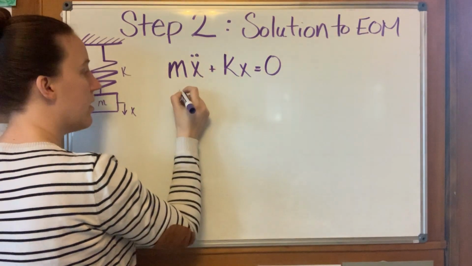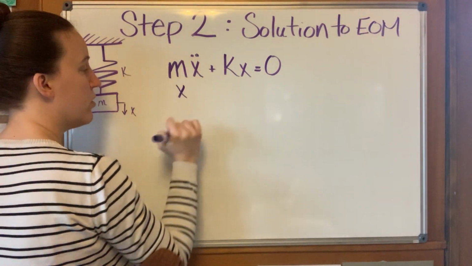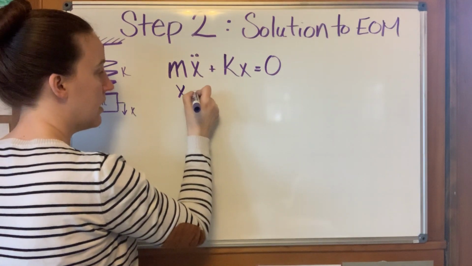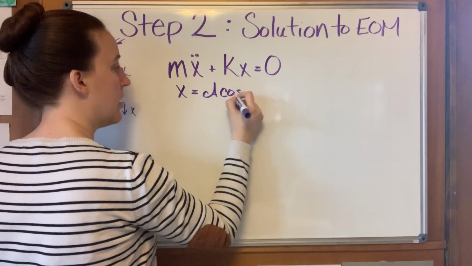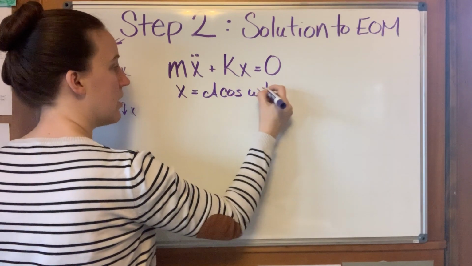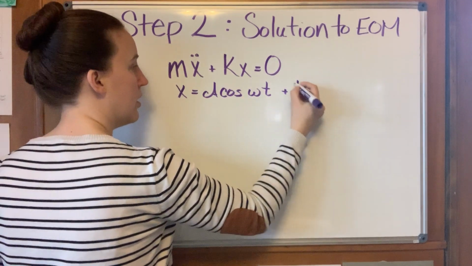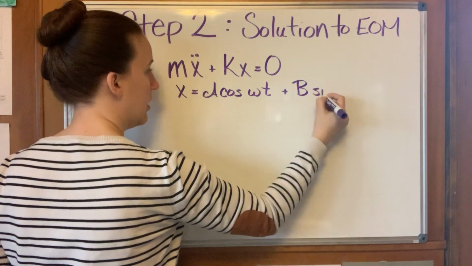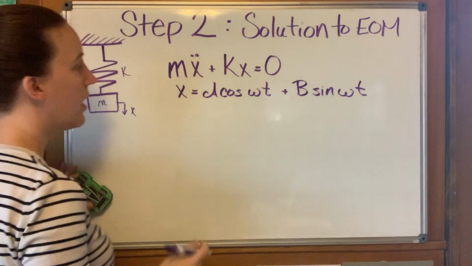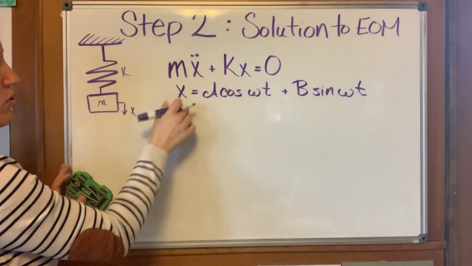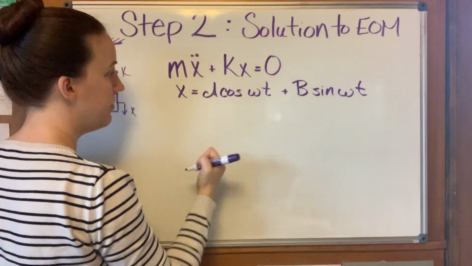So we're going to say that we think, based on those properties, x is equal to a cosine of some frequency times t plus b sine of some frequency times t. And we're going to guess this is the solution to this differential equation.